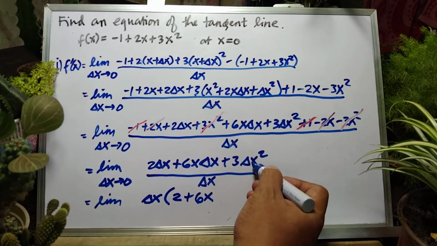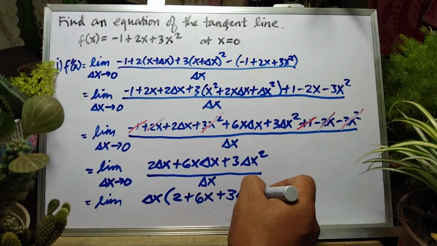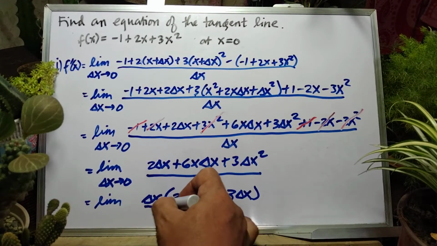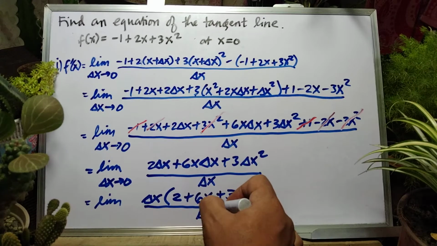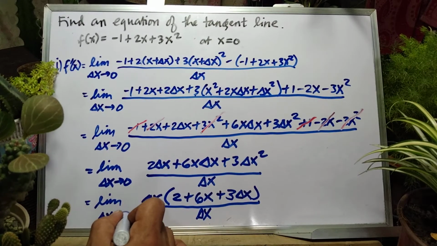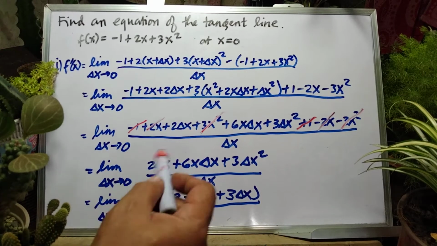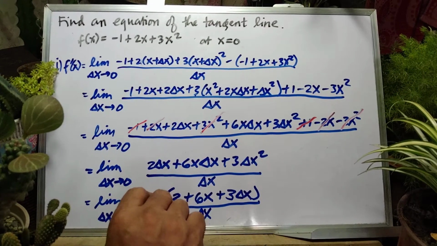Diri, kuhaan nato og isa ka delta x, so nabilin 3 delta x, over delta x, as delta x approaches 0. Okay? So, naka-follow ta? So, at this point, klaro kaayo nga naa nay common si numerator ug denominator, so we can cancel delta x here. Cancel na to.